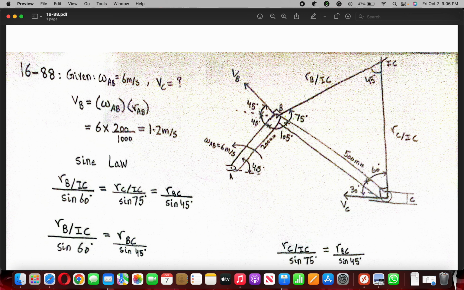Then we know that these two angles are 45 and 45 degree, and the total is 90 degree. We also know that the angle of VB with the line connecting B to the IC is also 90 degree, because the velocities are perpendicular to the line to the IC.